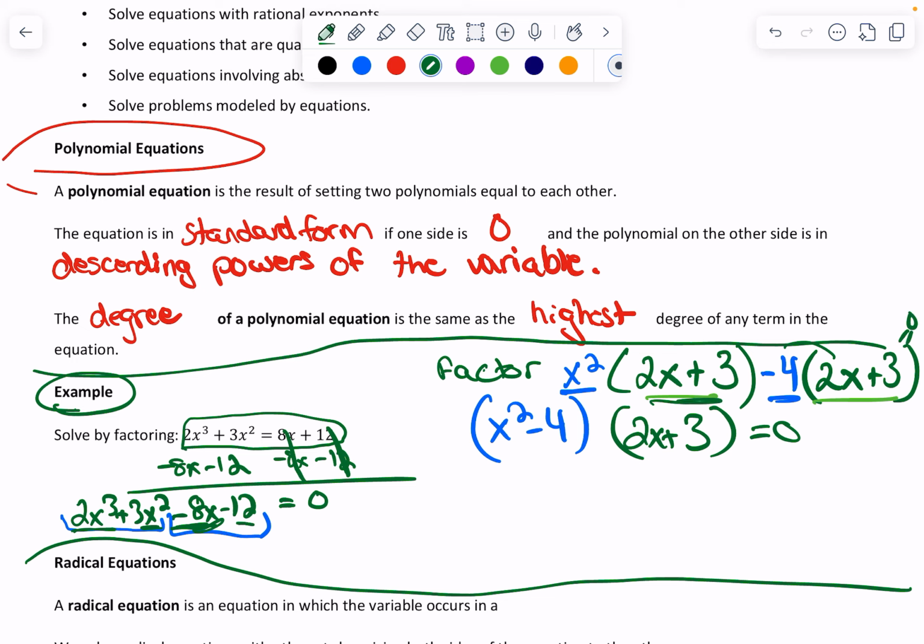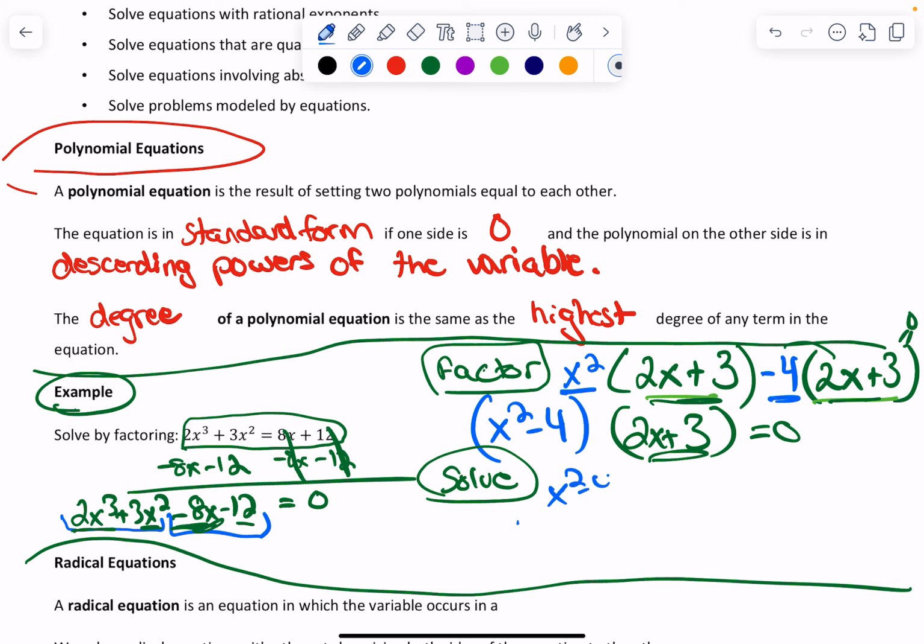So the 2x plus 3 goes here, and what's left is the other factor. Now we're going to continue by setting each of these factors equal to 0 and solve. So we're going to do x squared minus 4 equal to 0 and 2x plus 3 equal to 0.